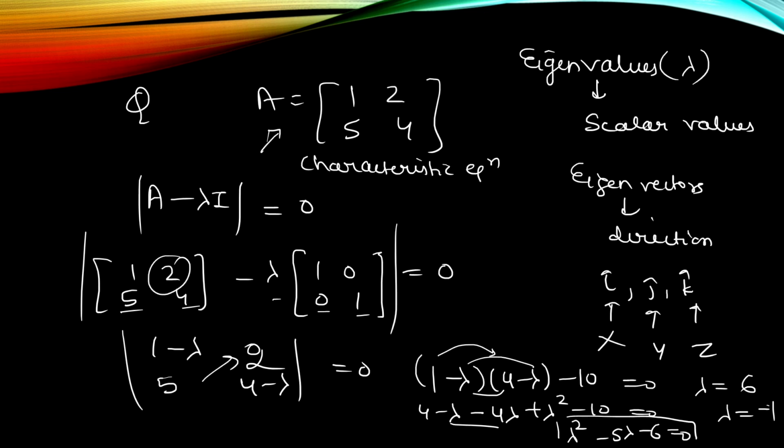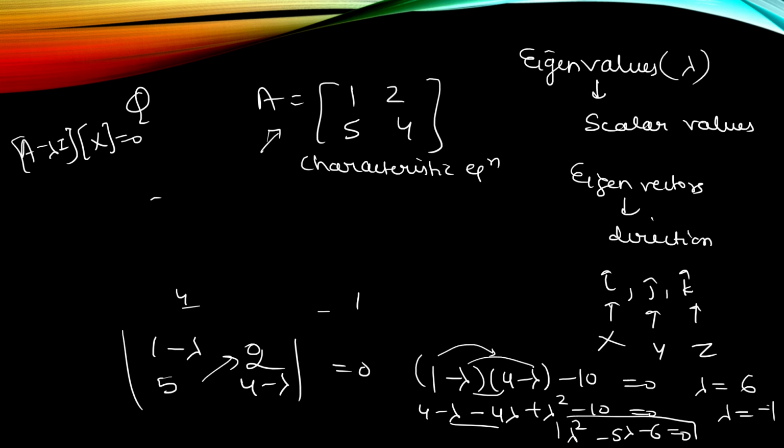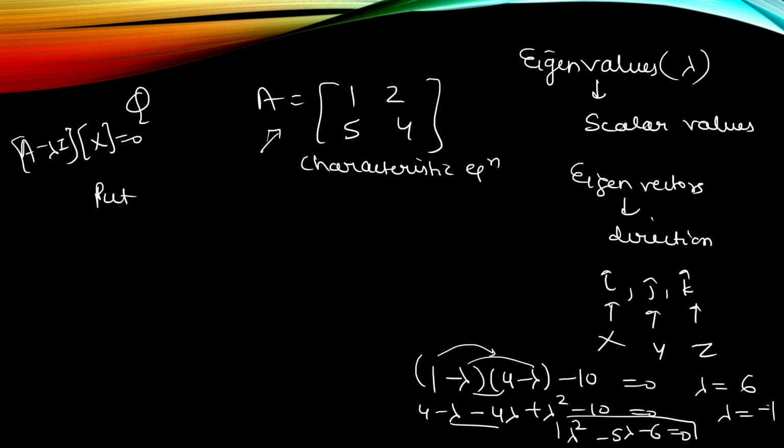You know how to calculate the vectors? You can simply multiply A minus lambda I into x. Okay? So when your lambda is 6, what can you do? If your lambda is 6, then you will place it here.